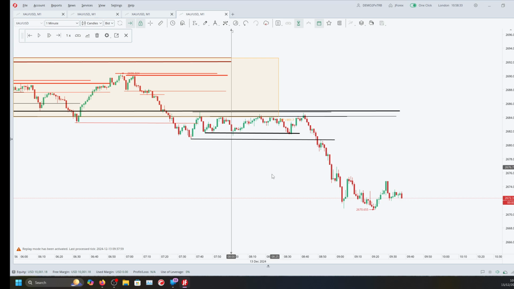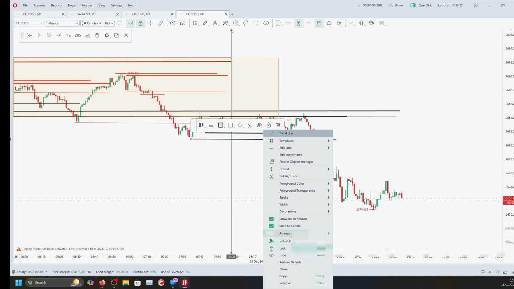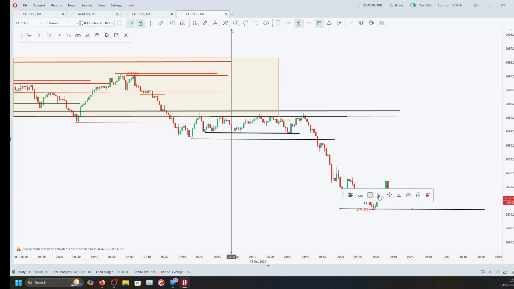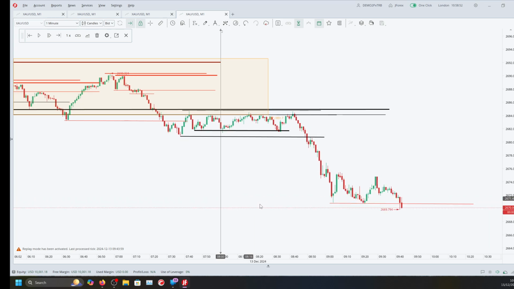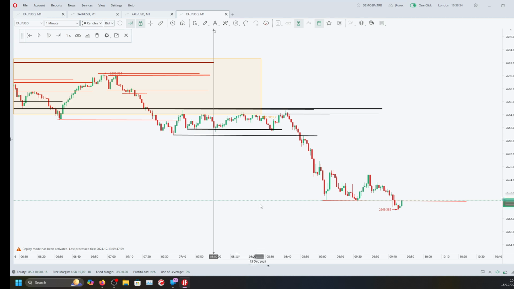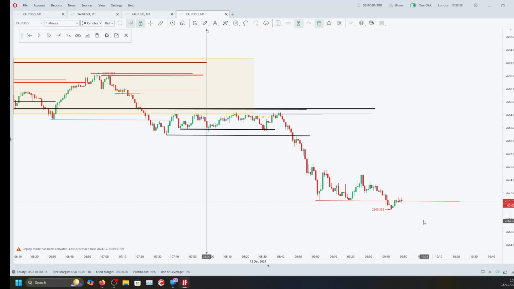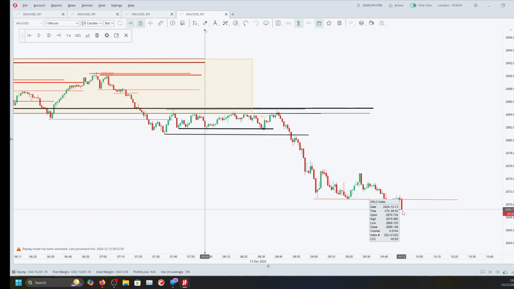See now, all I would be doing is following structure down. So we come through the structure point, rejecting again, short.